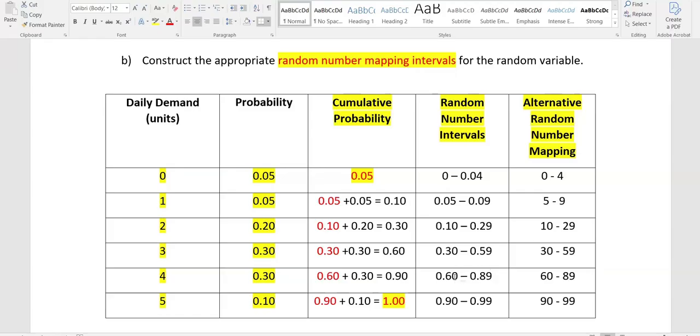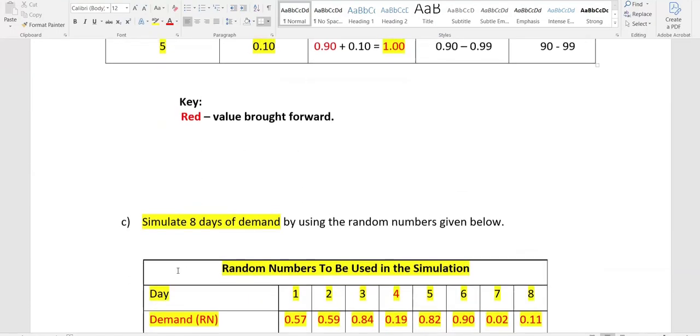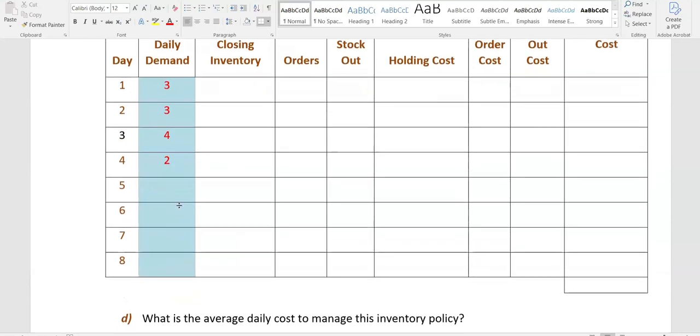Which interval is that? 0.60 to 0.89. 0.82 would fall in that interval, right? Which corresponds to a daily demand of what, Shauna? 4. Excellent. And what do we do with that 4? Go down to the table and put 4 at day 5. Good. Very good. Well done, Shauna. Are you with me, guys? Yes, sir.